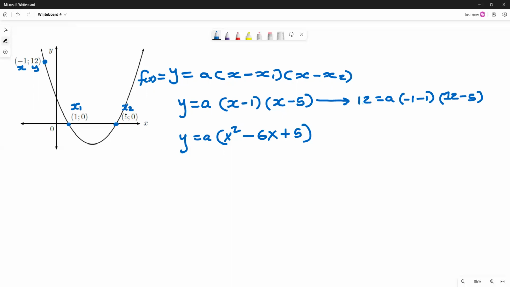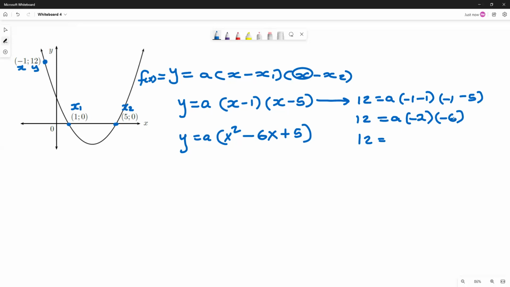So y is 12. Okay, this one here is not correct, né? Something was not seeming okay. So that one there, it's minus 1. It's the x, is this one, né? It's minus 1. Sharp. So we have 12 equals a times negative 2, then negative 6.